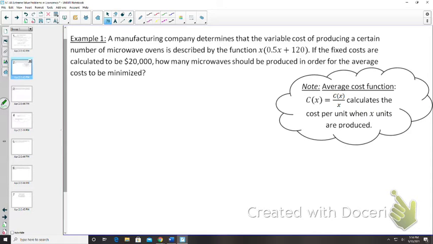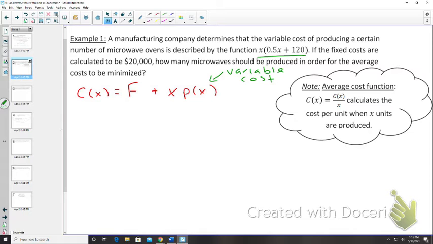Remember the cost function, C of X is equal to the fixed cost plus the variable cost, which is X times P of X. Remember, this is variable costs, and we are given that in this equation.